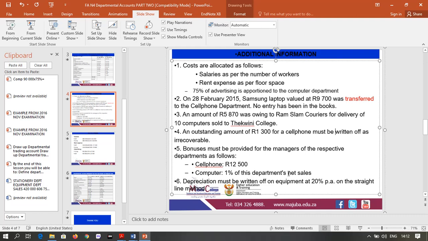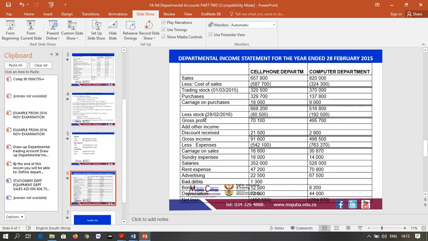Then you calculate. You take the totals, 320,000 for purchases. You add 9,700. The new balance for cell phone department is 329,700.